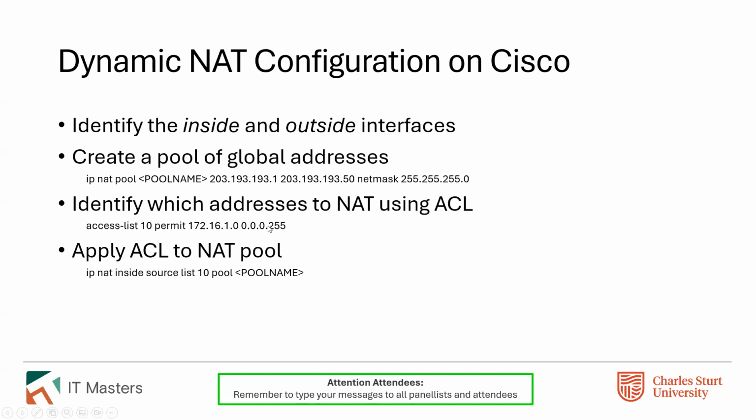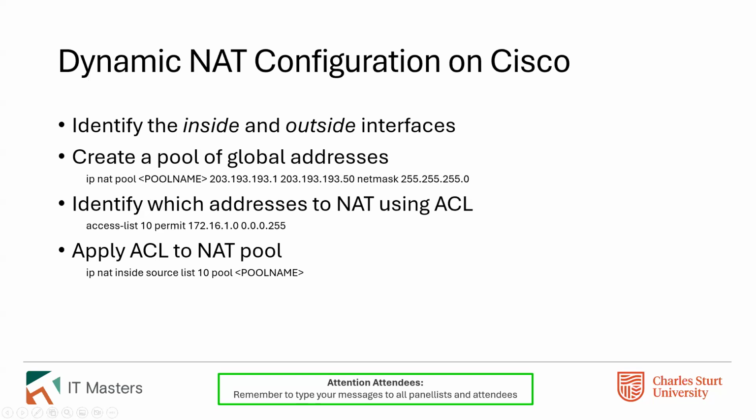So what we're saying in this access list is we're going to permit any traffic at all from 172.16.1 and then any IP address from 1 to 255, or more strictly from 0 to 255, in that last range. And then we apply that access control list here to that pool. So it's a little more complicated than static, but in turn that allows you to be very flexible in how you allocate addresses.